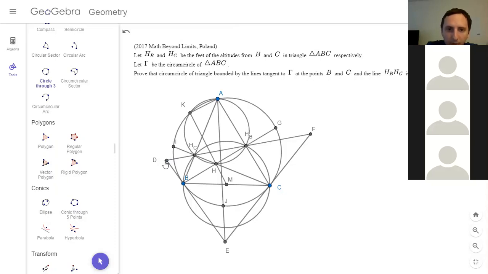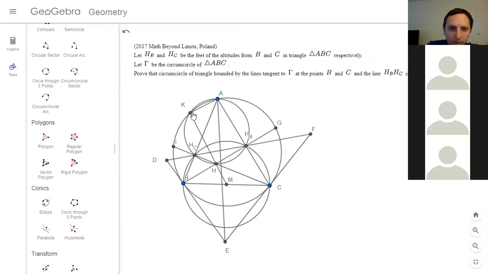Maybe we could use the radical axis theorem, because we have HC. Is DBFC cyclic? Actually, J is not needed, so can you delete J? Okay. We will find another point.